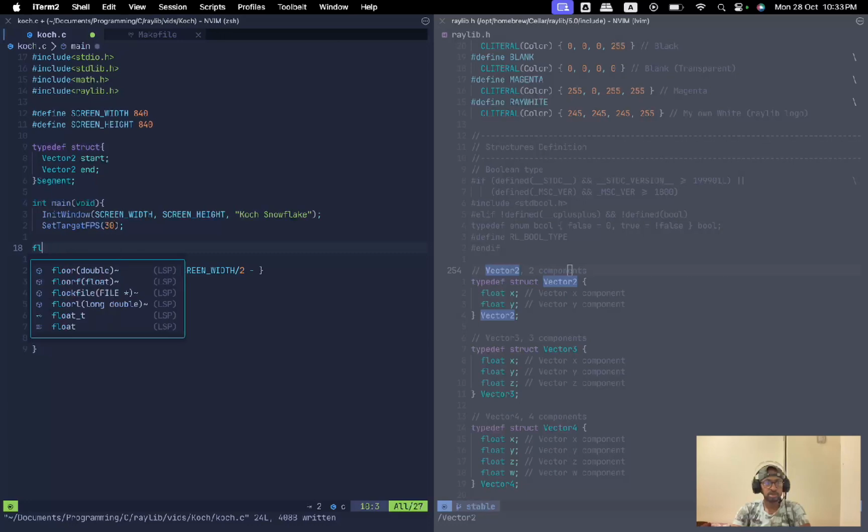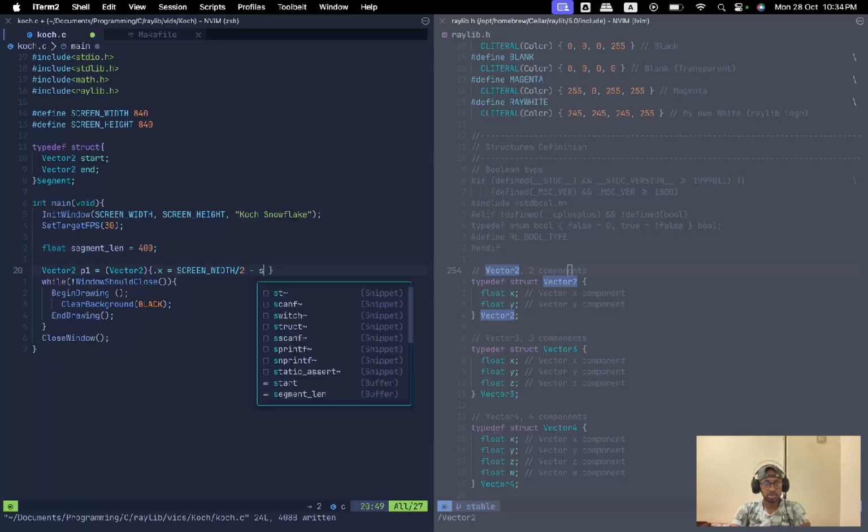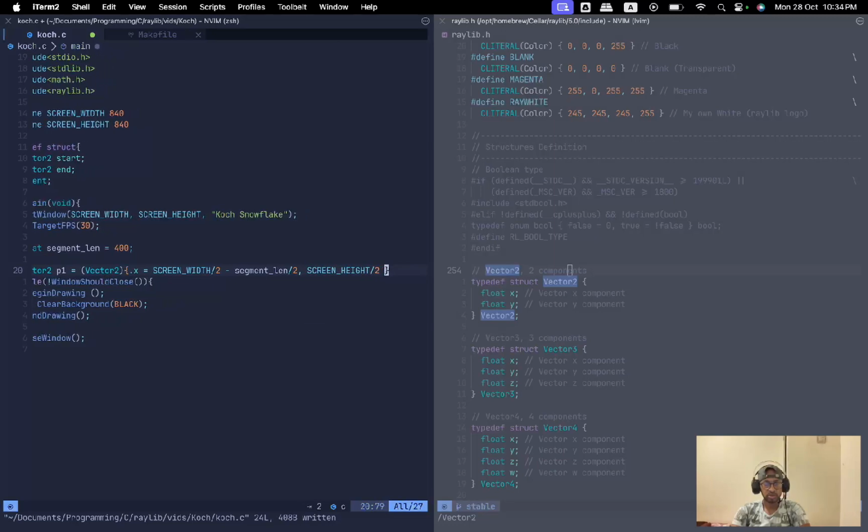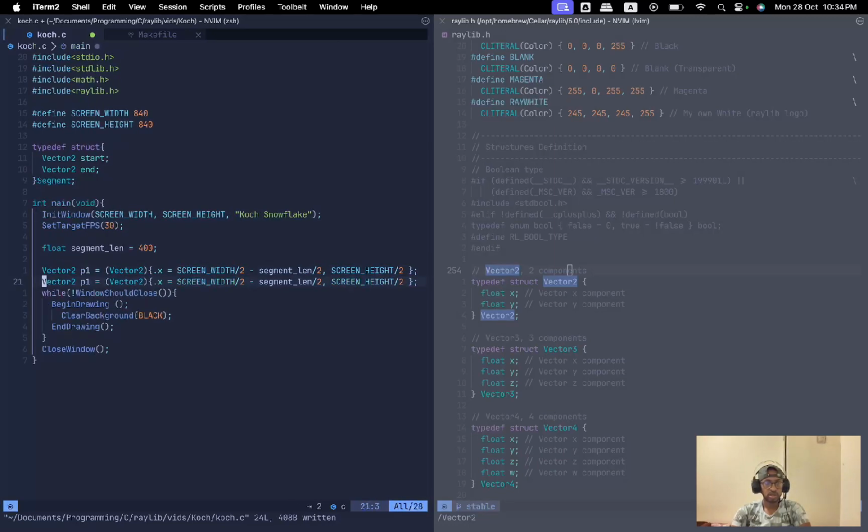let's say float segment length. Let's make it a 400 pixel length. So segment length by 2. So this is my x, and the y is screen height by 2.